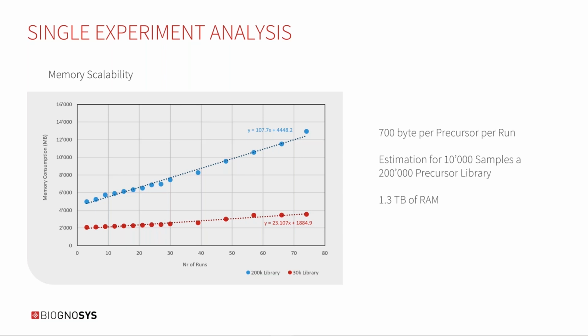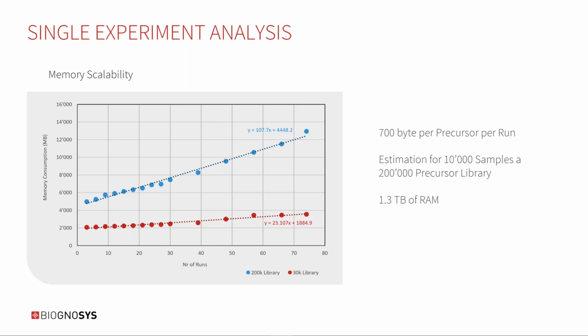And you can see that for the 200,000 library, you have about 107 megabytes per run that is estimated for memory growth per run, or 23 megabytes for the 30K library. But in essence, you can break it down to about 700 bytes per precursor per run as an estimate for the memory consumption, or the memory growth, in Spectronaut.